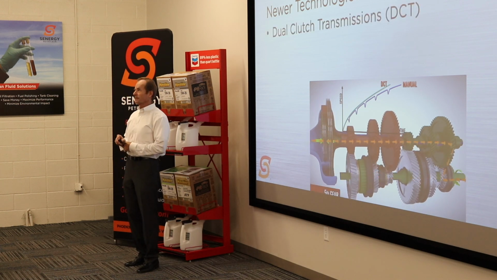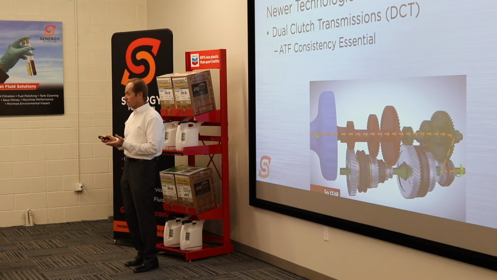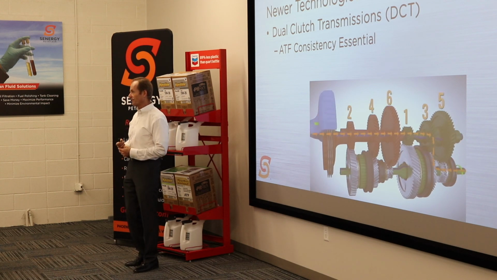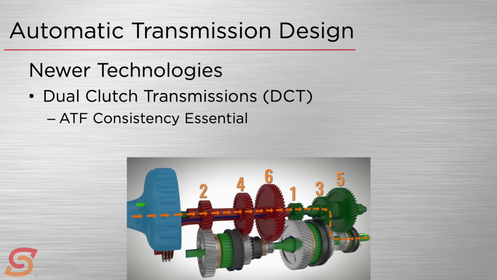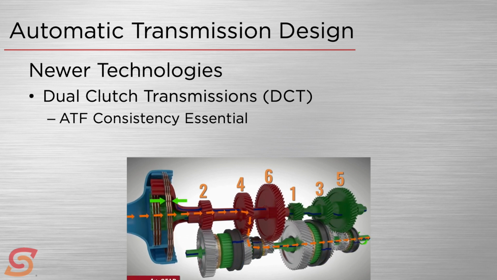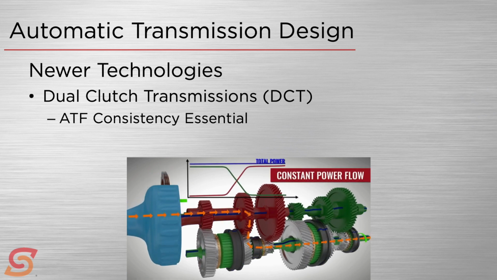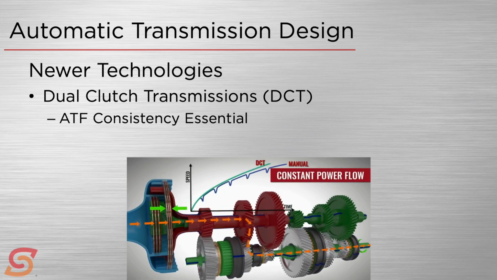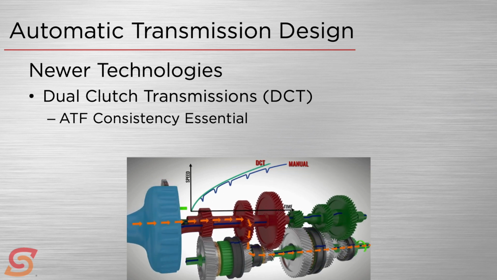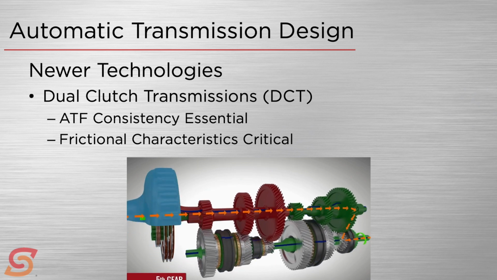All right. And within a dual clutch transmission, you have some additional requirements on the transmission fluid. It's got to be very consistent. You can't have it varying in viscosity, for instance, by a whole lot. And it's got a lot of work to do in there. It's got a lot of gears to lubricate. And second, the frictional characteristics, because now it is dealing with the frictional characteristics in the clutches.